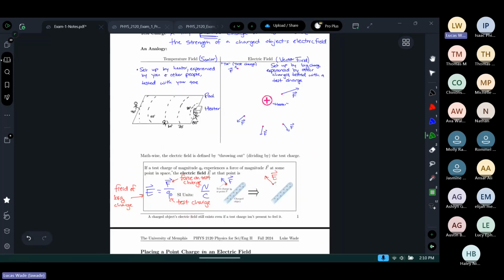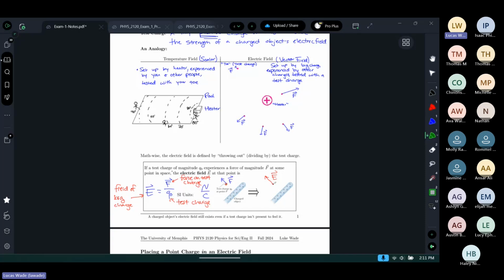The definition of electric field is based on an actual measurement technique in a sense. I can't see an electric field with my eyes. I can't directly measure it in any way because anytime I'm measuring it, really what I'm measuring is an interaction between the thing creating that field and some other object. So the thing I can measure in an experiment is the force between two objects.